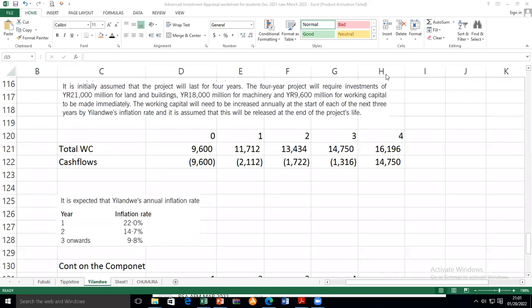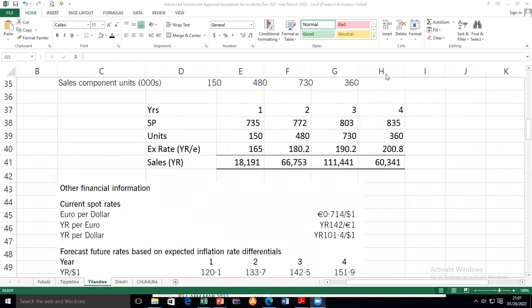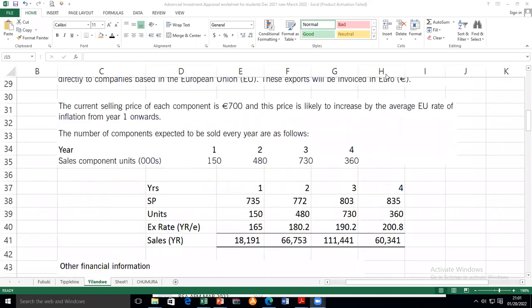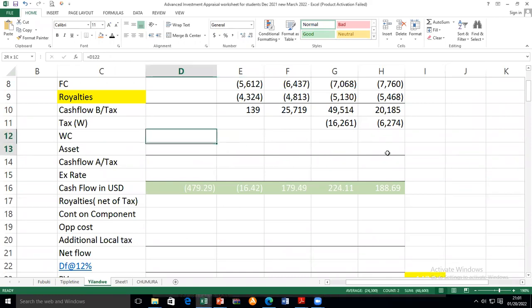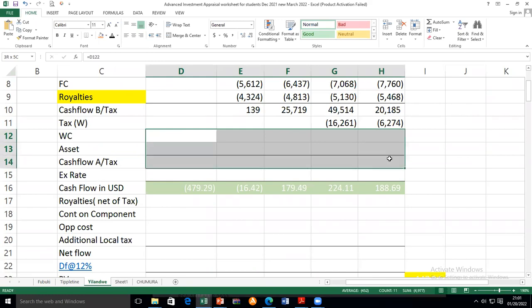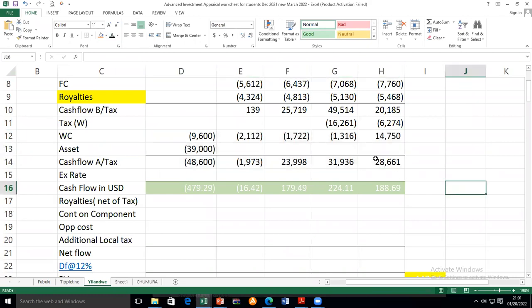So what do we do? We load these here. We load it. There we are. So we've got cash flows after tax.